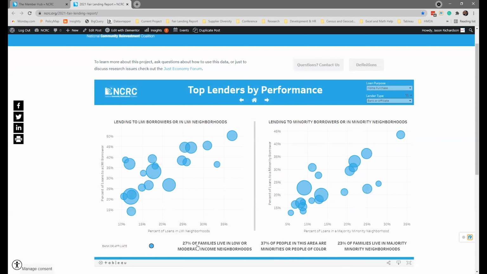So for example, on the left-hand side, we know that 27% of families live in low to moderate income neighborhoods, and that 27% would be about right here. So the banks that are to the right of that are lending in the LMI neighborhoods to a much greater extent in some cases than the population actually lives there. And that's a good sign.